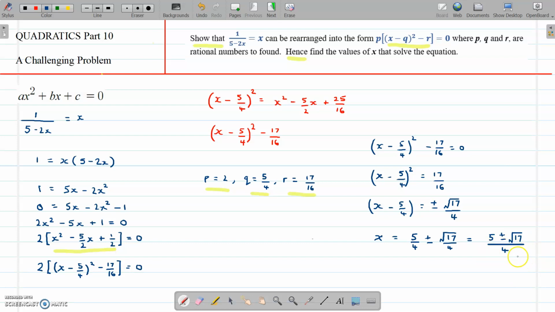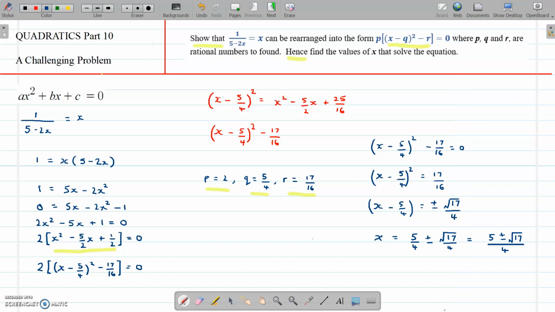Well, you can't simplify root 17, so that's it, and they're the 2 solutions. Okay, and if you were to substitute x in this equation here with that value, either 5 plus root 17 or 5 minus root 17 over 4, you would indeed find it works. Okay, you can try it on the calculator, but that is a difficult problem.